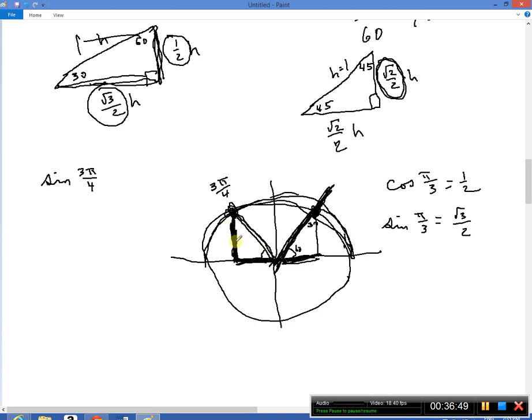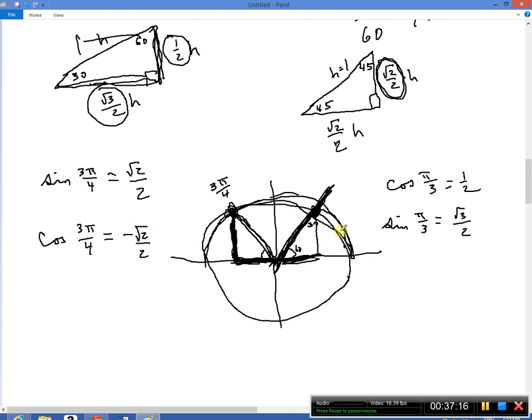So this triangle has to be the 45-degree isosceles right triangle. So the sine would have to be this vertical segment, which, you remember the magic number, square root of 2 over 2. And the cosine is about the same thing. Cosine of 3 pi over 4 would also be the square root of 2 over 2, except it's measured in the negative direction. So it's minus square root of 2 over 2.